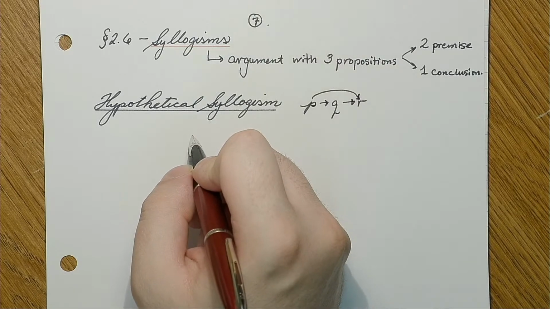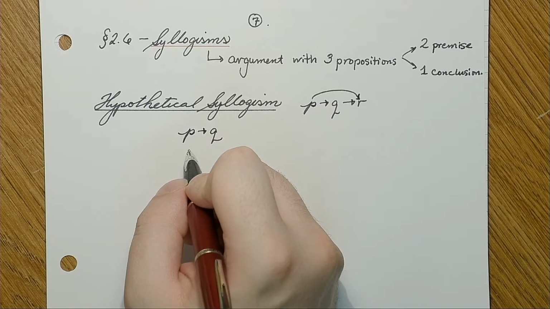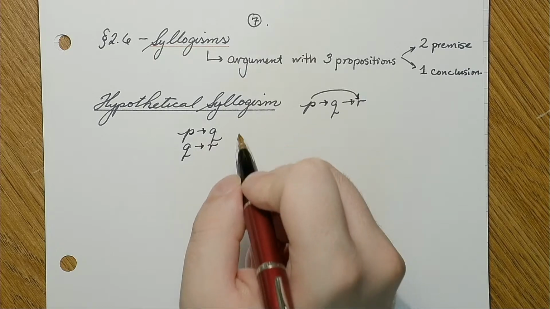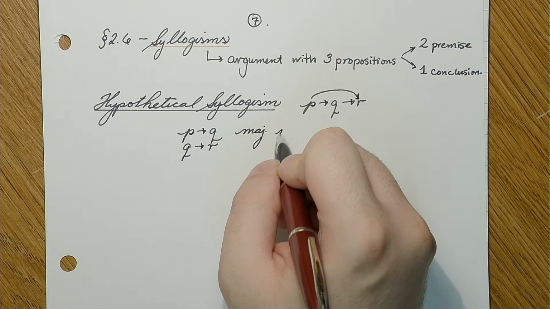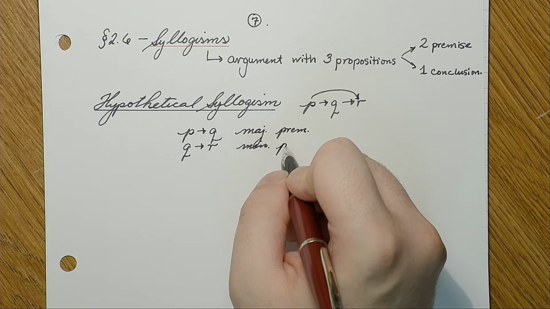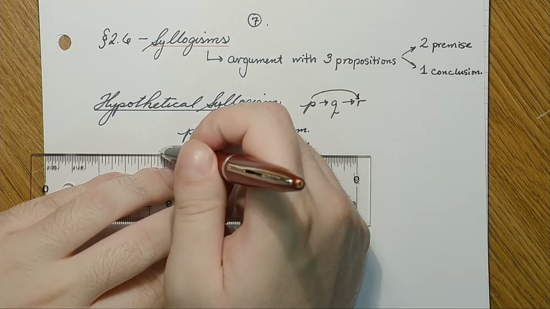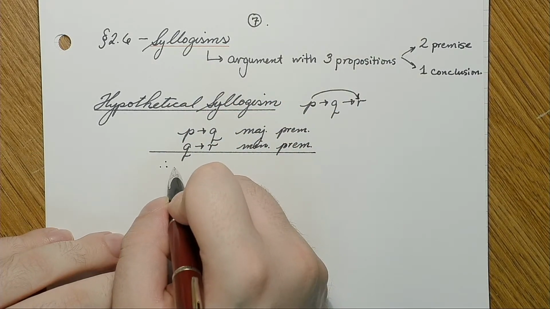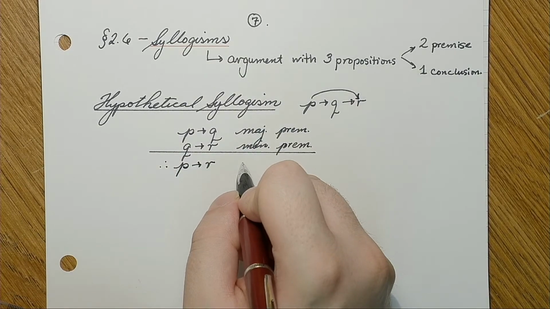The major premise is P implies Q. The minor premise would be Q implies R. And then, therefore, P implies R. So this is the conclusion.